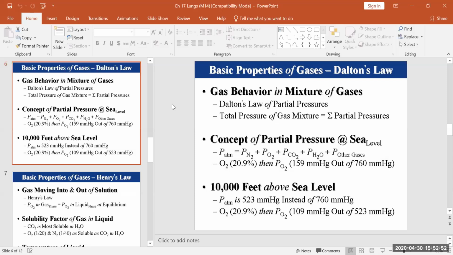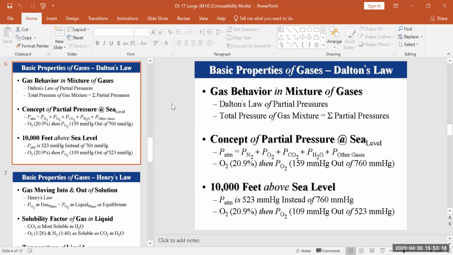So we need to go back and define some behavior. For example, how does a gas behave in liquid? Or how do gases interact with one another? So we're gonna go over basic characteristics, basic properties of gas.